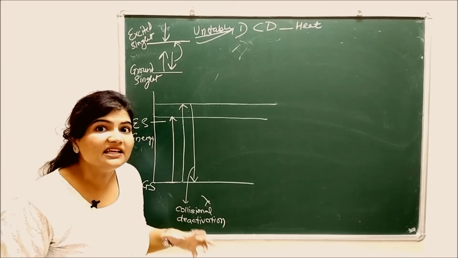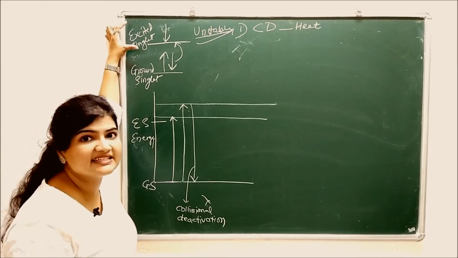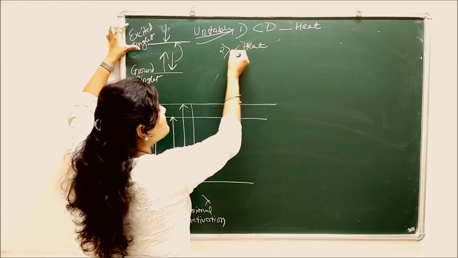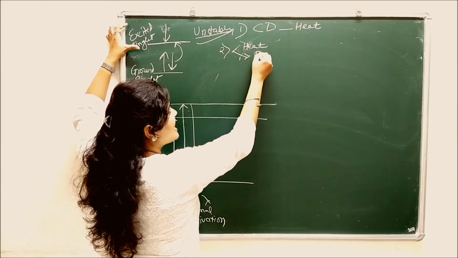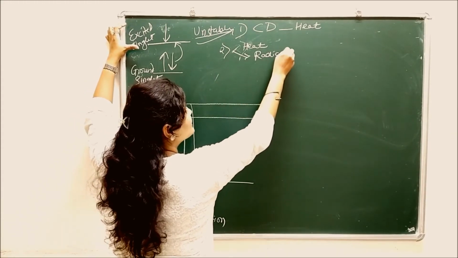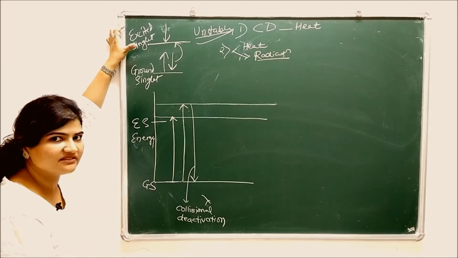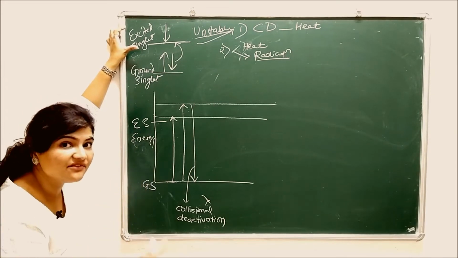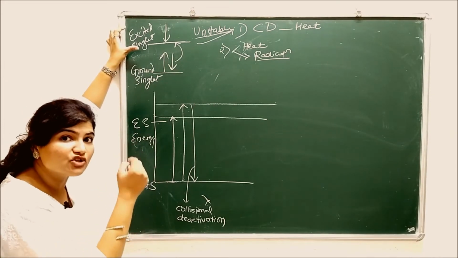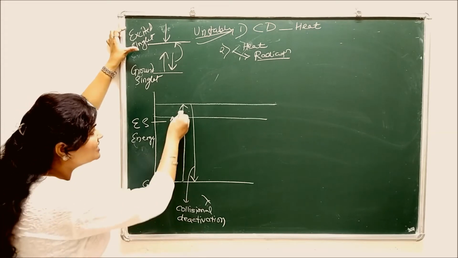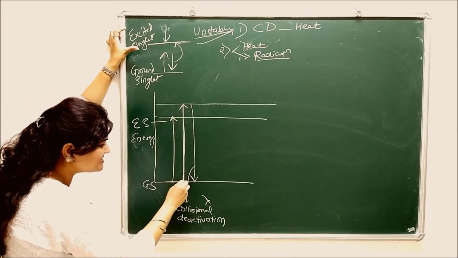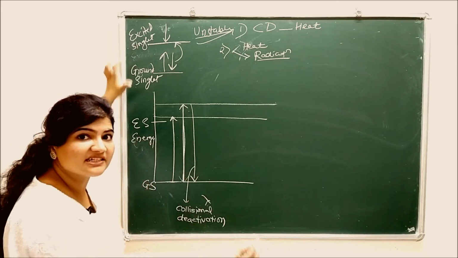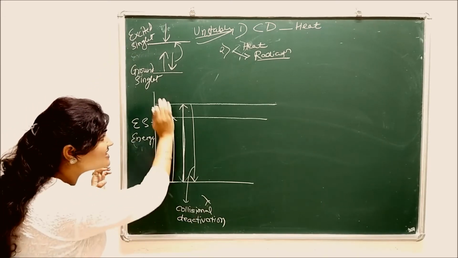Now the second thing which can happen with the excited singlet state is that part of the energy will be lost as heat and part of the energy is lost as electromagnetic radiation of higher wavelength. So what will happen? As the radiation is of higher wavelength, when the electron is losing the energy, the emission spectra will not be superimposing on the absorption spectra.